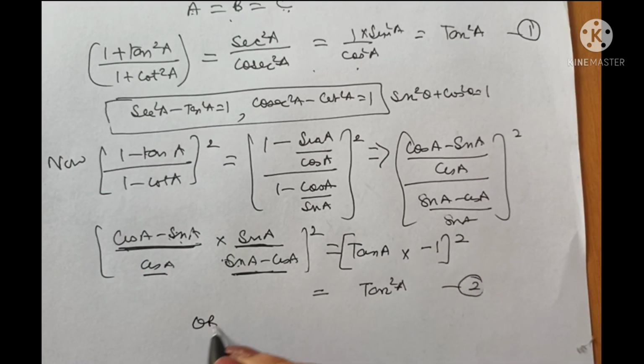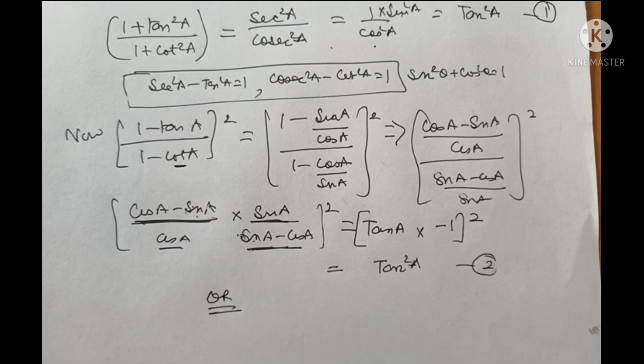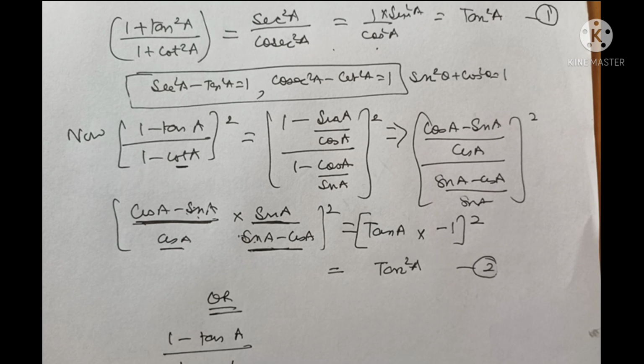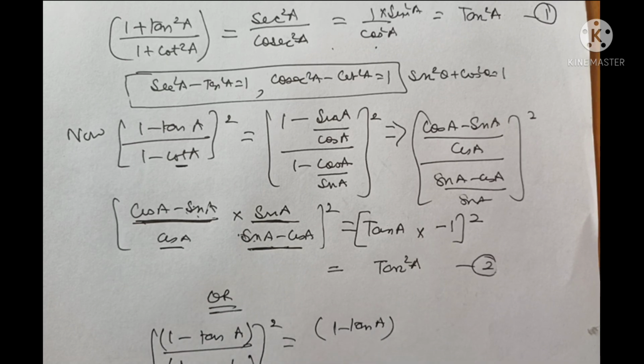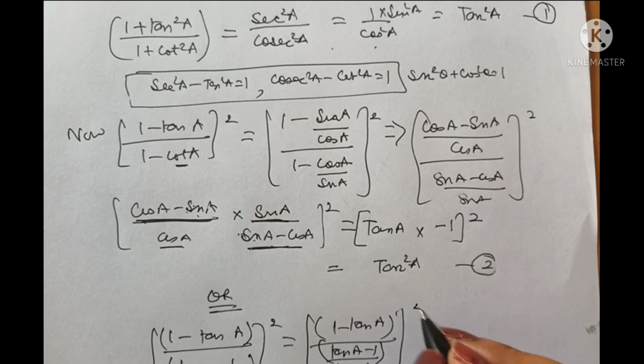There is one more method to it, that you don't convert to sine cos, you convert this cot to tangent. See how do we do it? 1 minus tangent A upon 1 minus 1 over tangent A and a whole square. Numerator as it is, give it a separate bracket to avoid confusion. And in the denominator I have tangent A as LCM. I get tangent A minus 1 and a whole square.